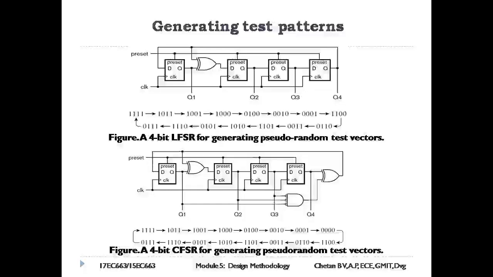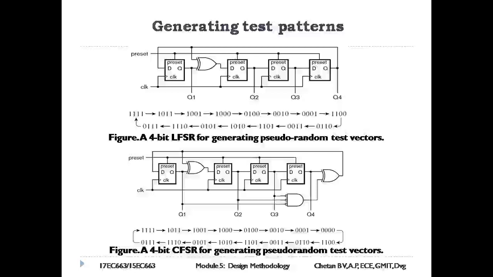On successive clock cycles, the LFSR generates values in the sequence shown in the figure. The sequence contains all possible 4-bit values except 0000.